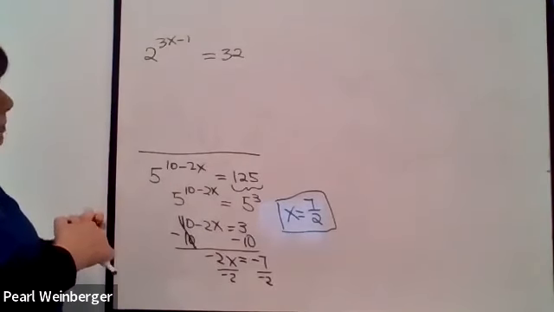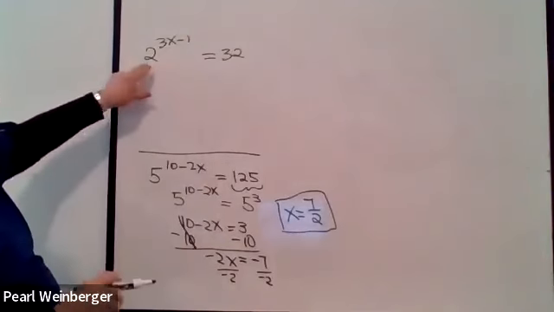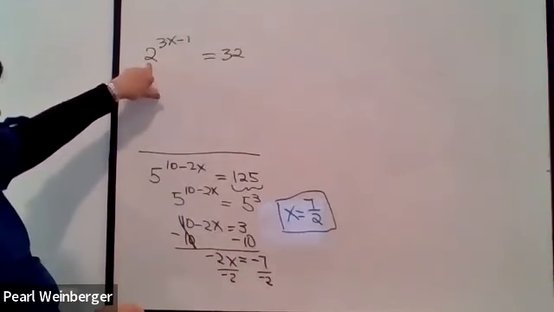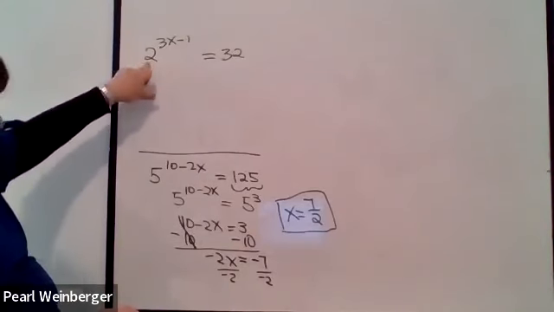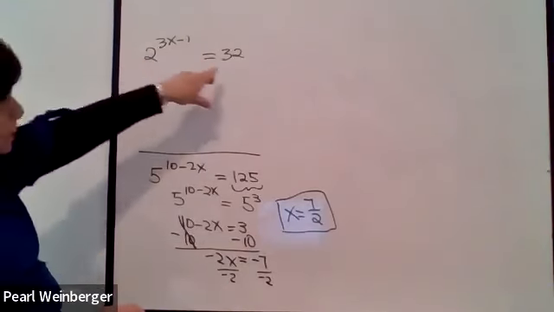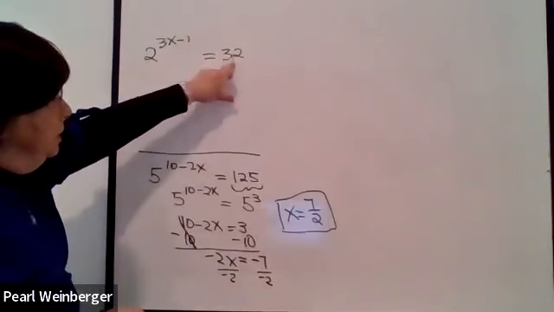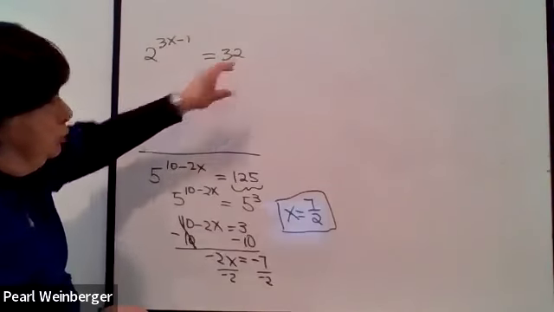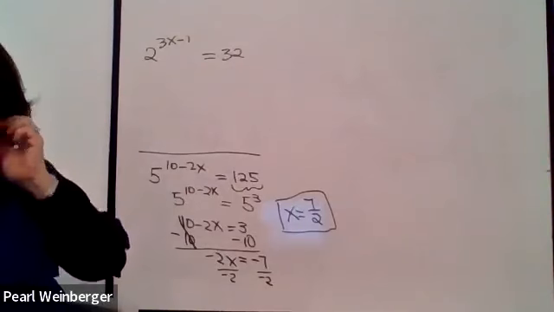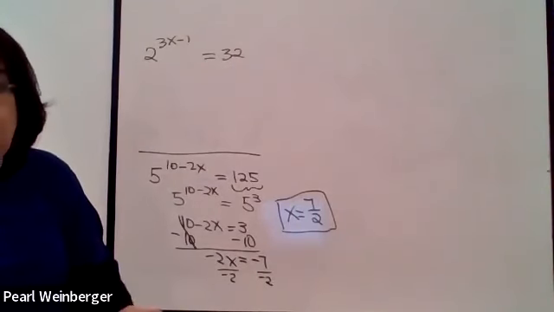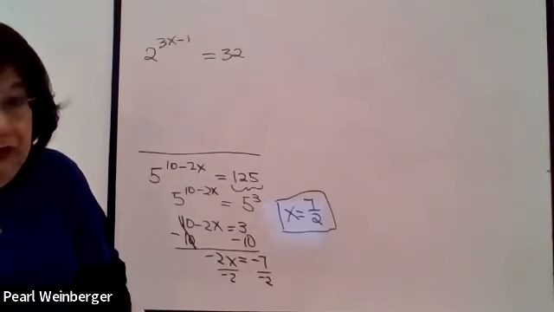So what we have to remember, well, this side is written in terms of 2. It's in what I call base 2. So I'm going to have to try and get 32 written in terms of base 2, which means I want to write 32 as 2 to some exponent.